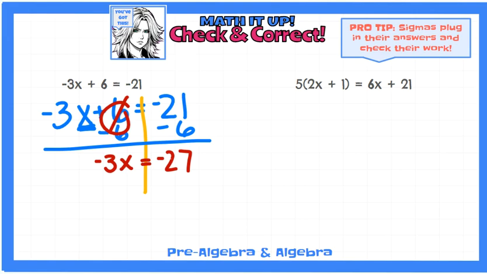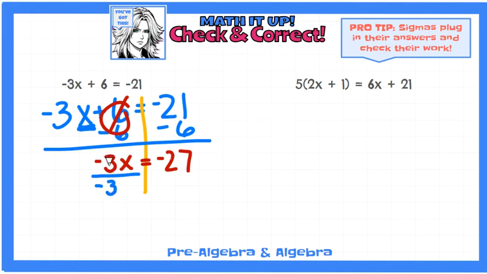And my next move is to, again, isolate that variable. I need that to be a positive whole x by itself on one side of the equation. So how do I get rid of this negative 3 here that's multiplying x? I use that same number, opposite operation, dividing.